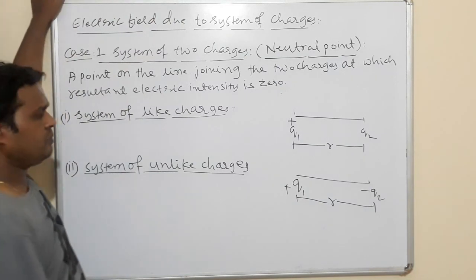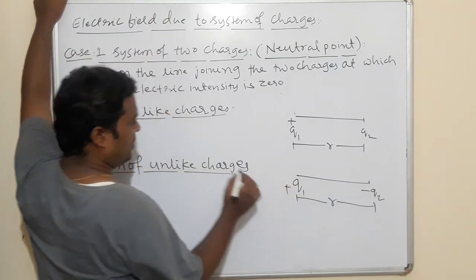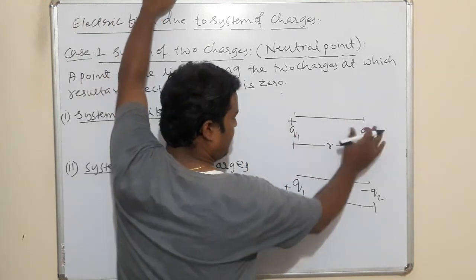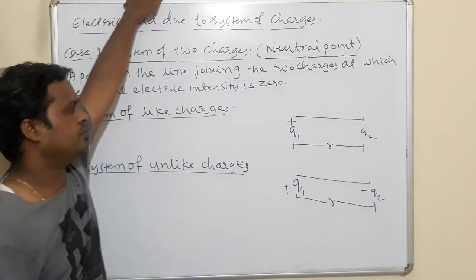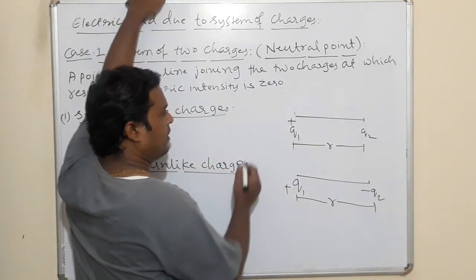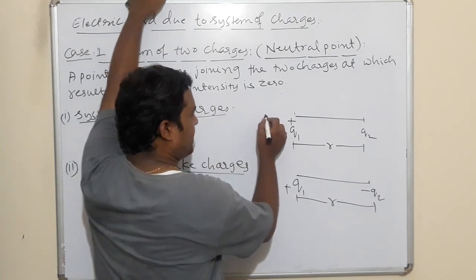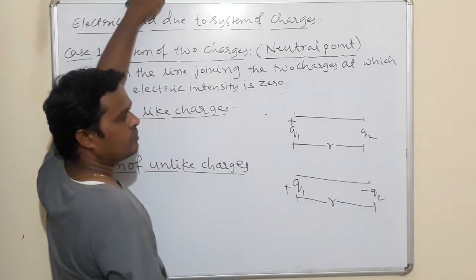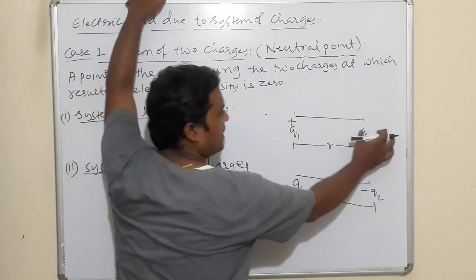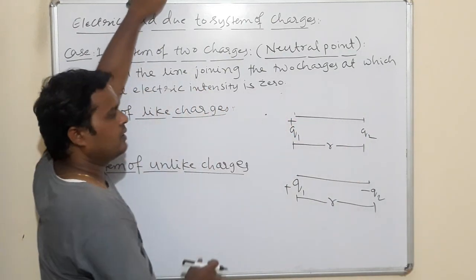Suppose these 2 charges are separated by distance R. If I take a point here, both these charges will make some electric field.